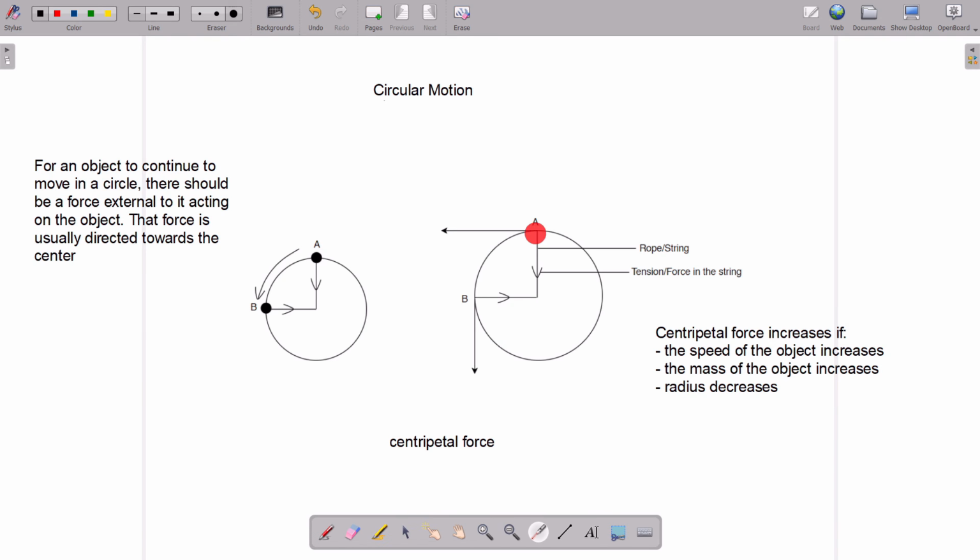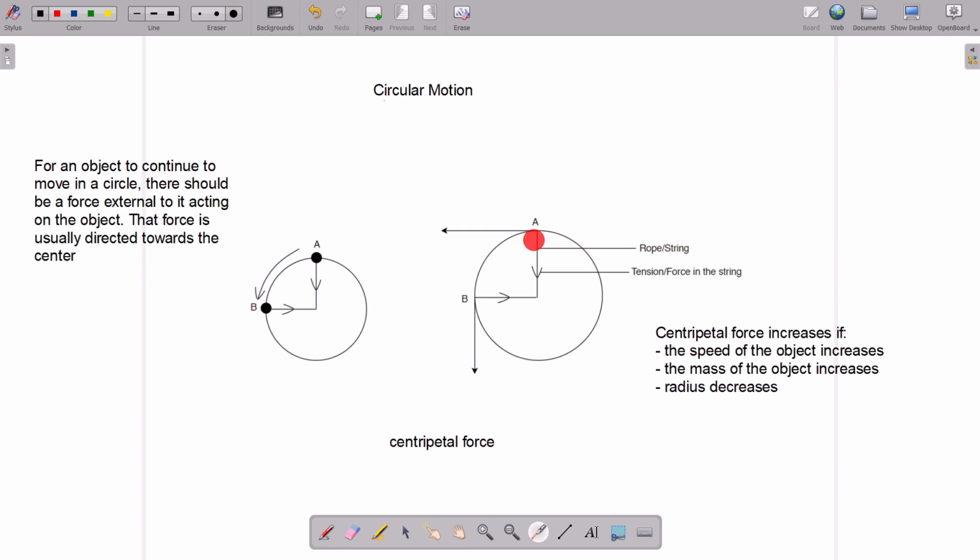For a body undergoing uniform circular motion, uniform circular motion means that the object has steady speed as it moves. Its speed does not increase for a body undergoing uniform circular motion. But when we look at this diagram here, we notice something, that the direction of the object keeps changing.